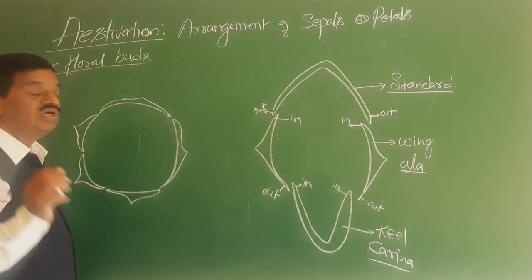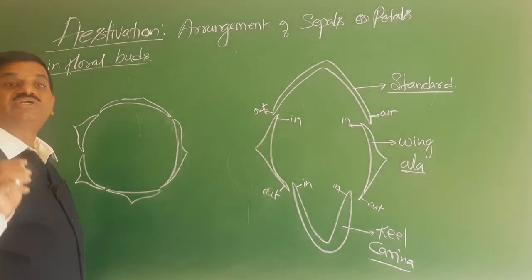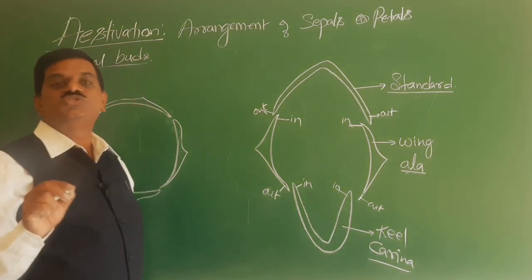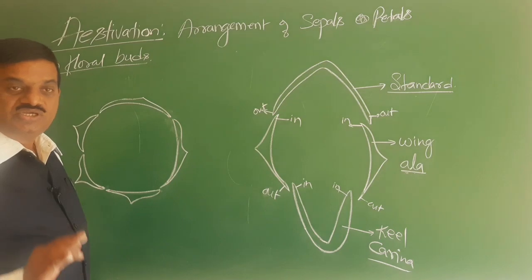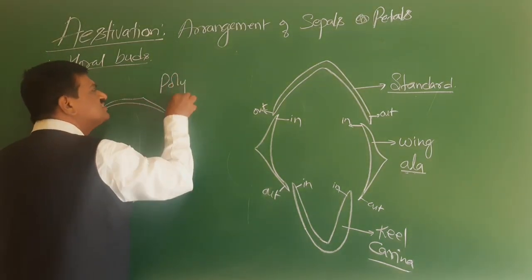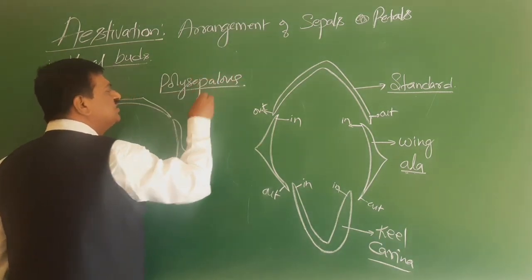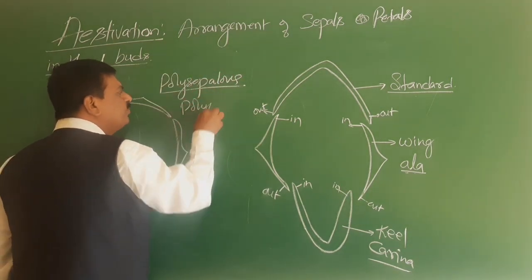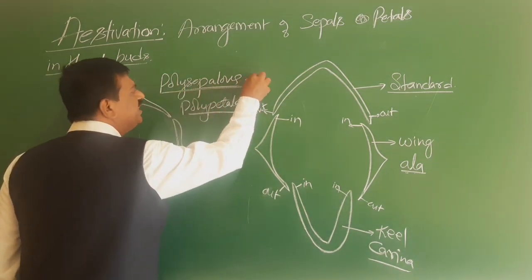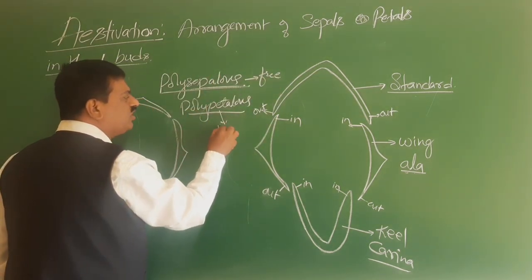Students, we go for one more word which is important at the time of floral diagram. When you are writing a floral diagram, these words are to be noticed. When we use the word polysepalous or polypetalous, this indicates sepals are free or petals are free.